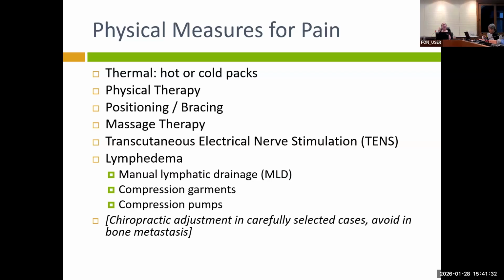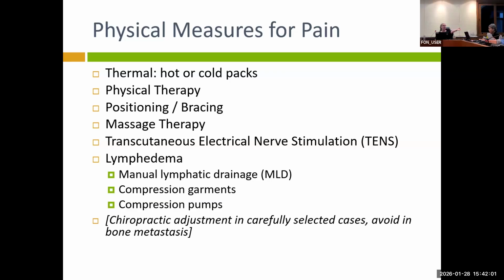But there again, I find TENS units work better with my patients with musculoskeletal pain. And with oncology, we're often experiencing more than neuropathic pain. And even though this is nerve stimulation, I find TENS doesn't work as well with some of the neuropathic pains as I thought it would.